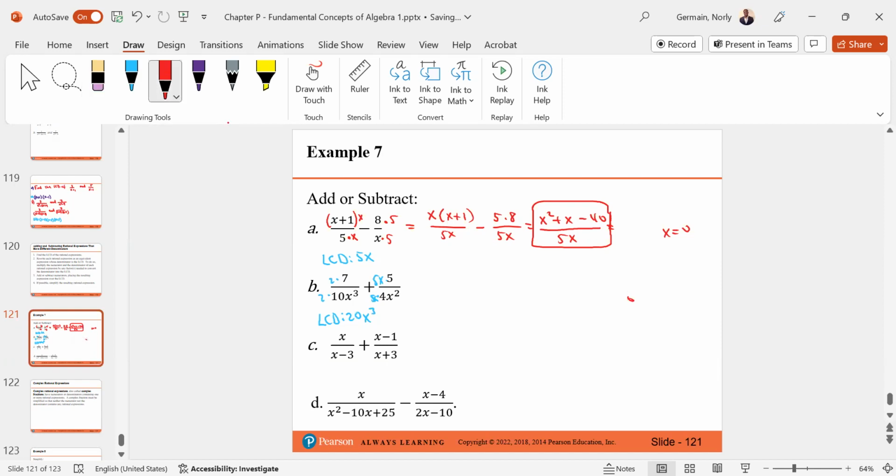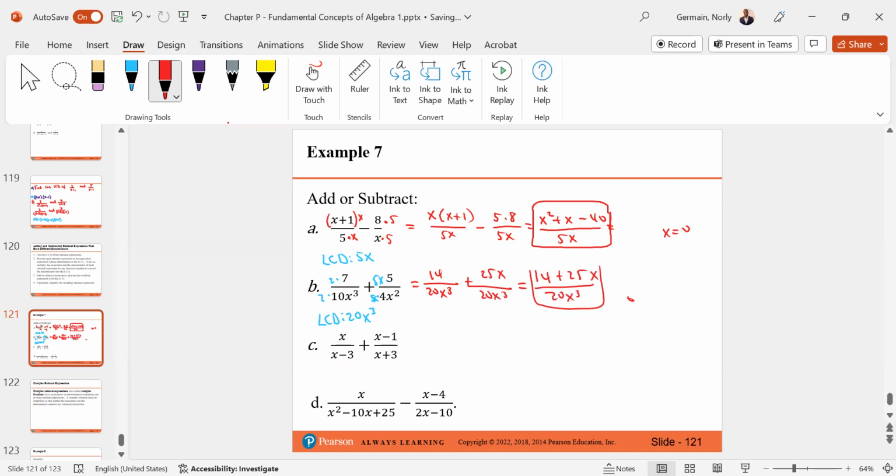The top one would give you 2 times 7 is 14 over 2 times 10, which is 20x cubed. 5x times 5 is 25x over 20x cubed. Remember, same denominator, it's going to give you 14 plus 25x over 20x cubed.